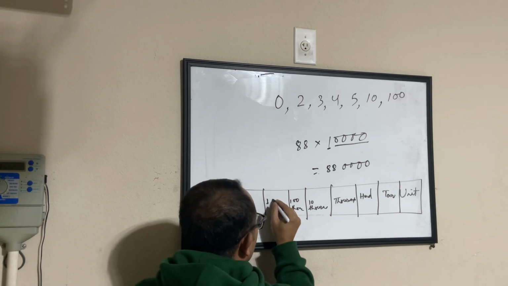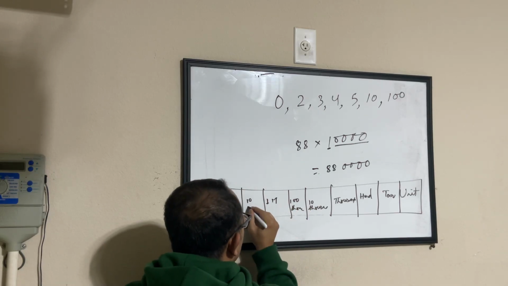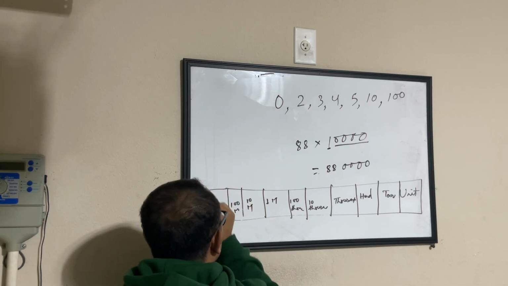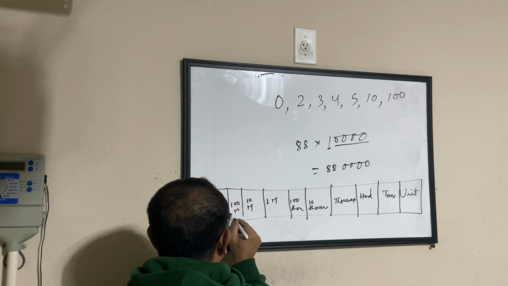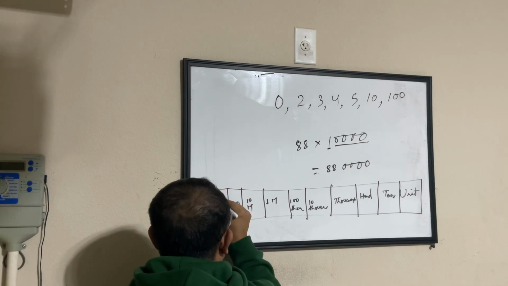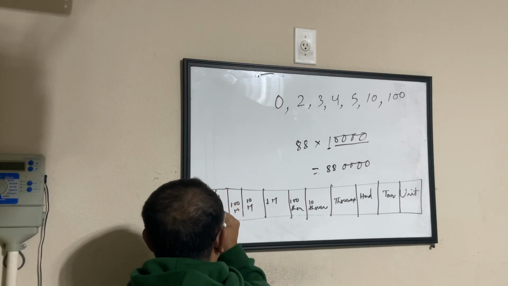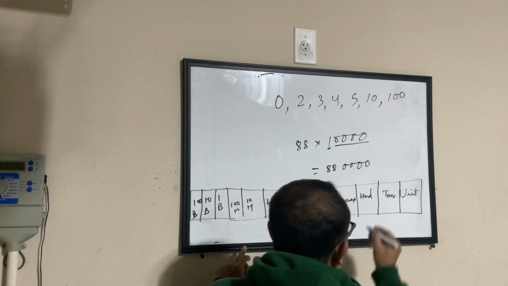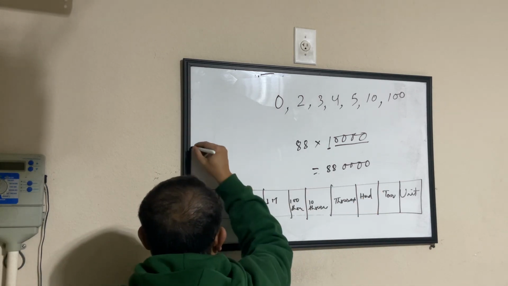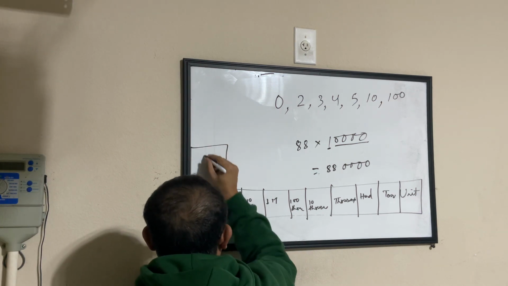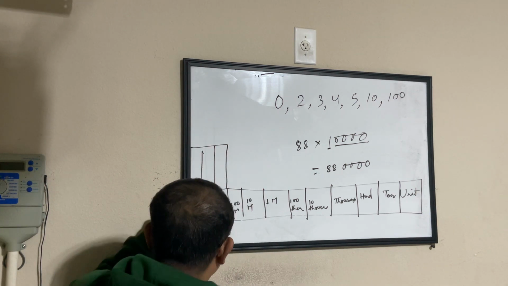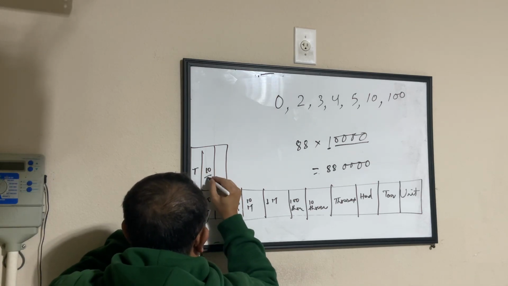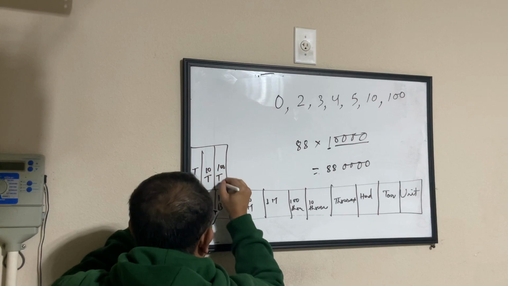Then this is 1 million. This is 10 million. This is 100 million. And then after that, you have billion, 1 billion, 10 billion, 100 billion. What about the trillions? Then you can go further. When you have done 100 billion, then comes trillion, 10 trillion, 100 trillion.